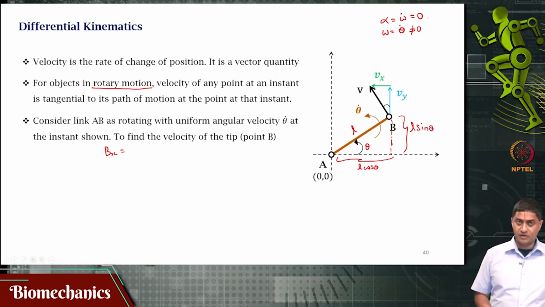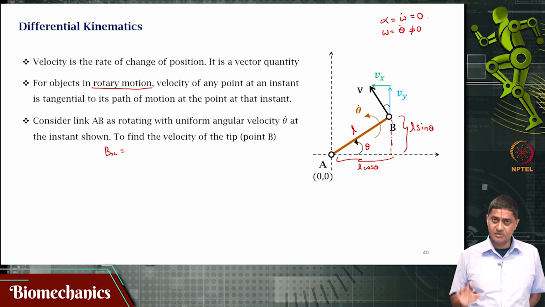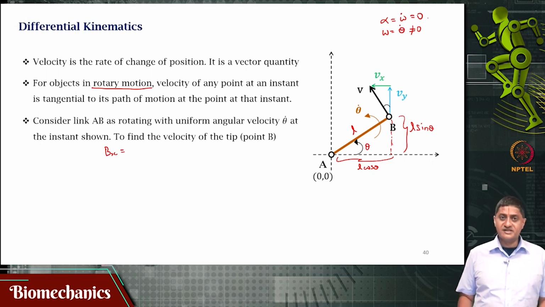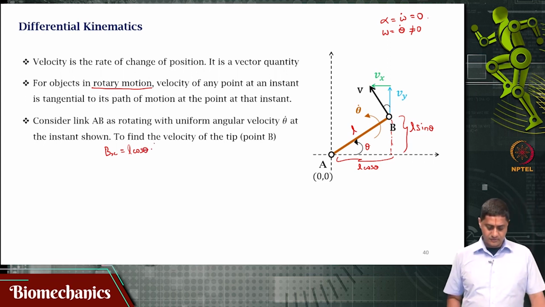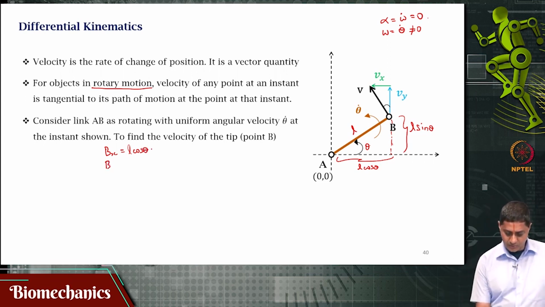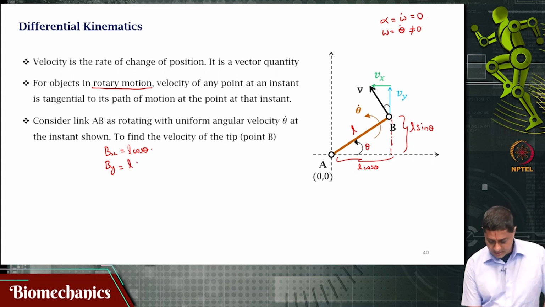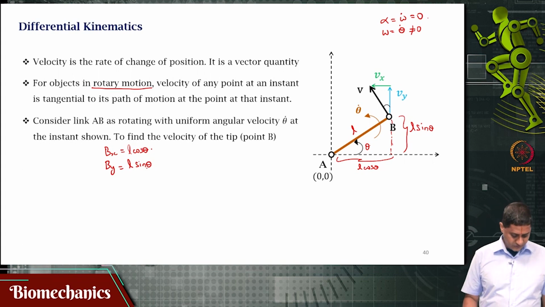We know this. How do we know this? We have done this previously from our previous analysis of vectors and also in analysis of statics. So, that is the coordinate. Bx is L cos theta. Likewise, By is L sin theta.